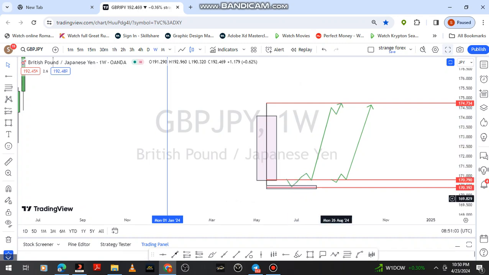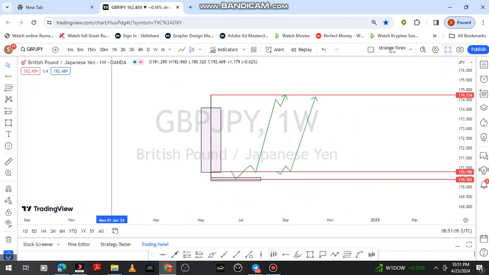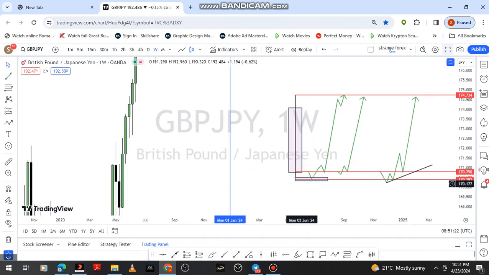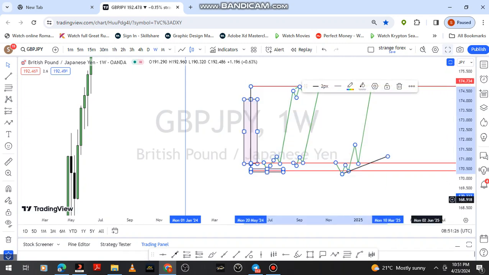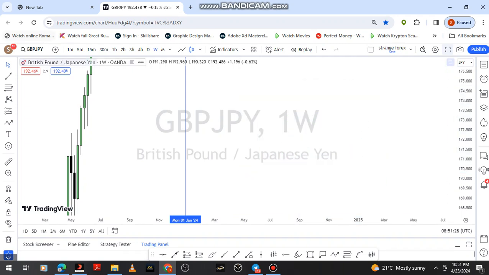Or else the market would create its own OB here by breaking this and coming back to test it before it goes that way, also creating what we know as a footprint here. That's what we look for, and that's how we trade.